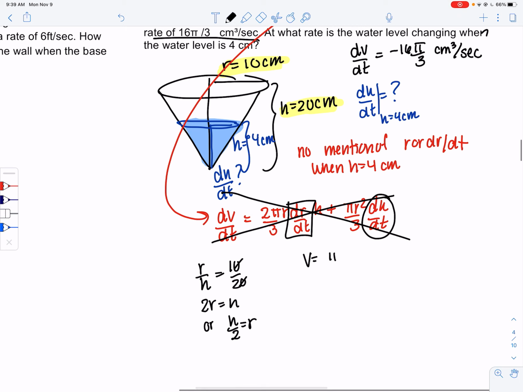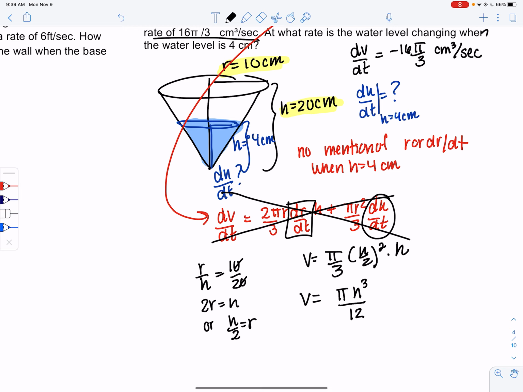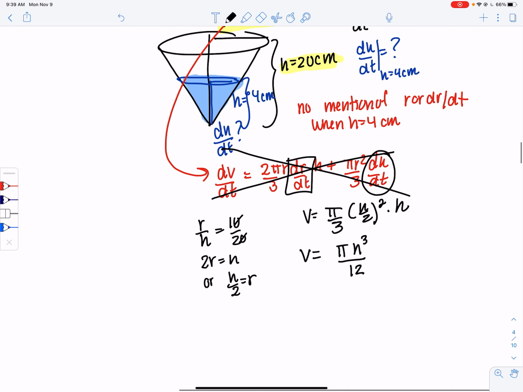So pi over 3 r squared, h over 2 squared, times h. So now I have a new formula for the volume of just this cone here, which is pi h cubed over 12. So this means that now I can solve the problem.